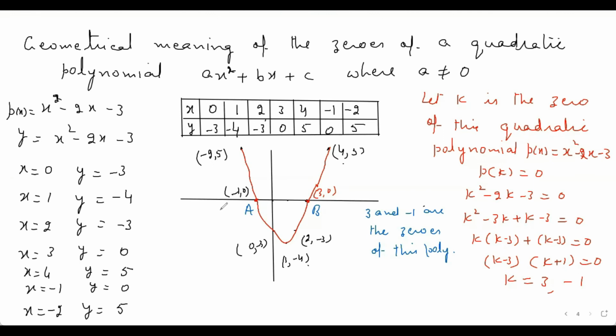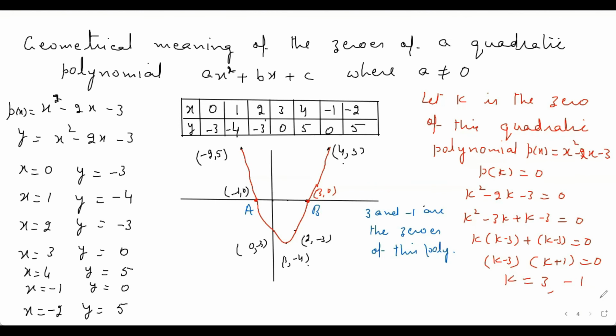So what it implies is that minus 1 and 3 are the zeros of the polynomial. If we see this graph, we can immediately say minus 1 and 3 are the zeros of the polynomial. And if we see these zeros, we can immediately say 3 and minus 1 are the x coordinates of the points where the graph intersects the x-axis.